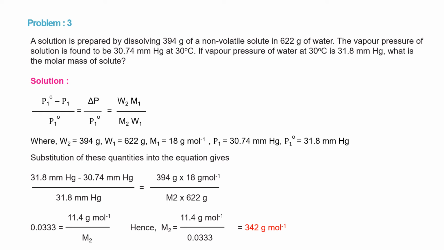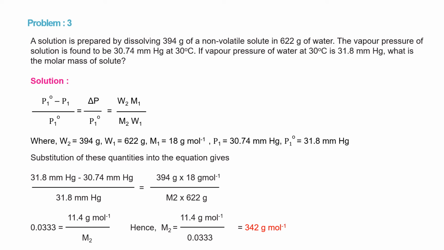In this sum, we have to find out the molar mass of your solute. See, for relative lowering of vapor pressure, what is our formula? That first of all you must know. First we read the sum and then write what is given. See, what is the sum?